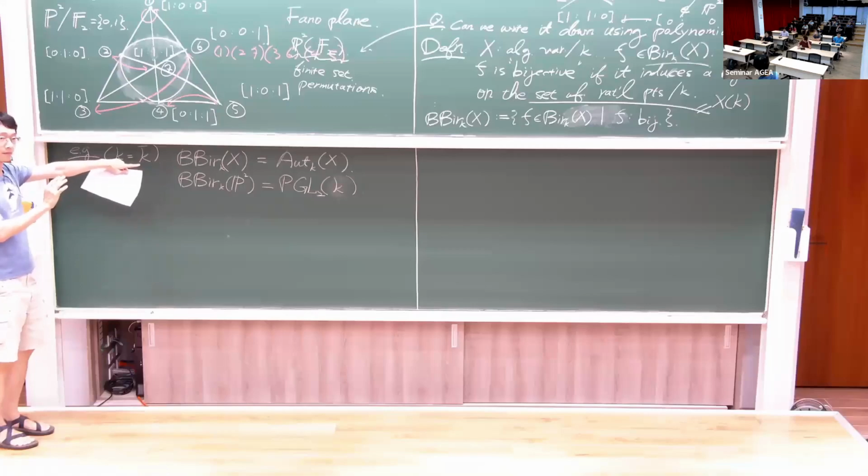So you want to assume X is smooth? Yeah, maybe I want to assume that X is smooth. If it's singular, then I'm not sure. Yes, because if you take a curve, P1 with a cusp, then it's possible that you have a bijection.